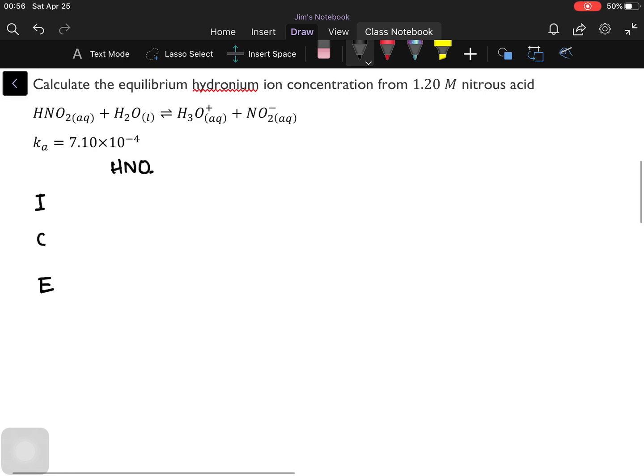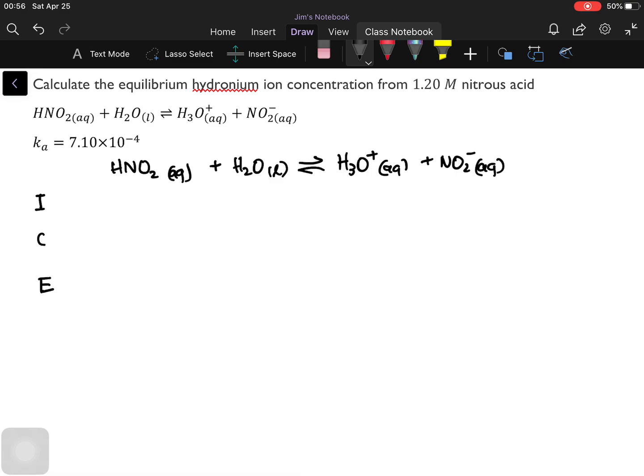So I'm going to copy the equation. Okay, so we have that equation. We're going to make columns per species.